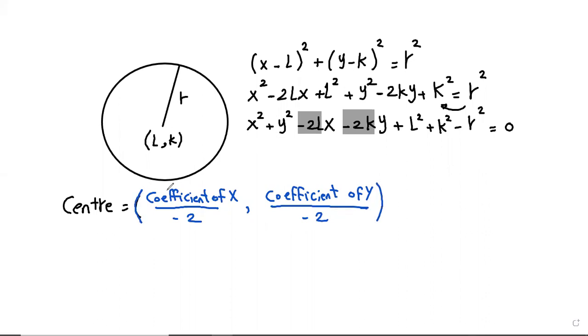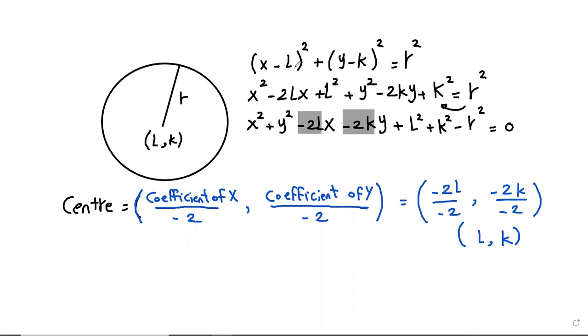That is the center. Because the coefficient of x is negative 2L divided by negative 2, and the coefficient of y is negative 2k divided by negative 2. It's L and k. Okay.